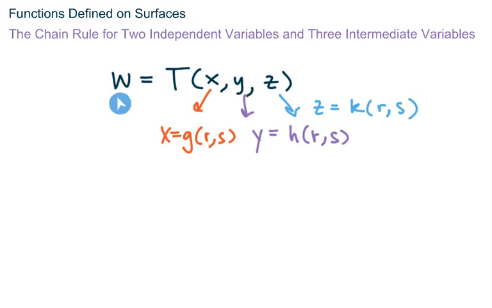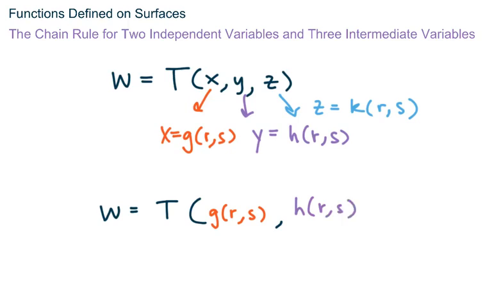So now we can think about W not as a point on the surface, but a point that we locate using longitude and latitude for each x, y, and z. Or we could think about this as W being the temperature, with g of r, s, h of r, s, and k of r, s.